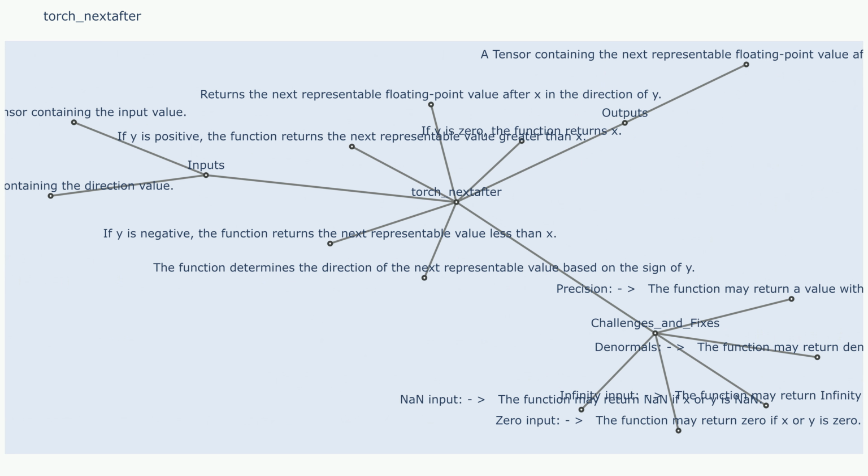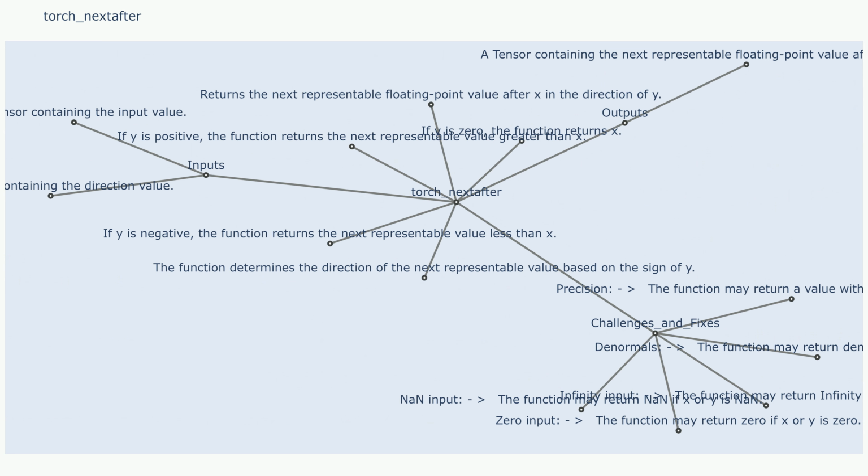Fixes to challenge 1: ensure that the input value x is within the representable range of the data type before calling torch.nextafter. If the value is at the edge of the representable range, consider using a different approach or handle the edge case explicitly.